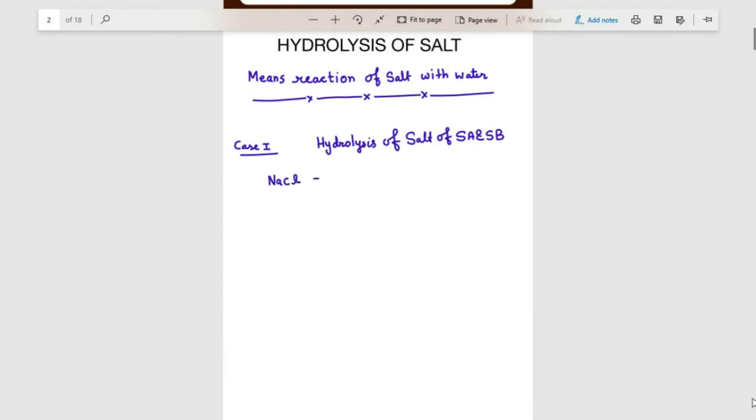So this NaCl is formed because HCl is reacting with NaOH, and when they completely react, the salt and water will form, right? So when acid and base react, that is known as a neutralization reaction between acid and base.